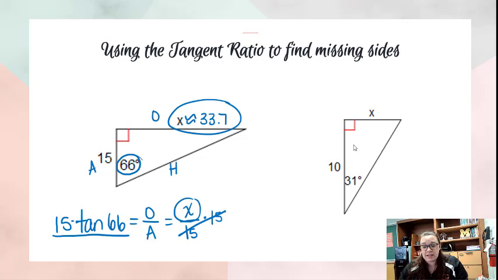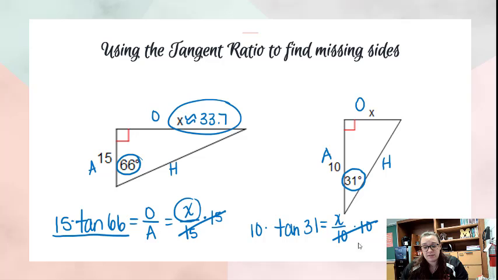Another one. Let's label our sides. I've got across from the right angle is hypotenuse, across from my reference angle is opposite, and the last one, adjacent, next to 31. We're using 31, so tangent of 31 is equal to opposite over adjacent, so x over 10. And I want to solve for x, so let's multiply each side by 10.